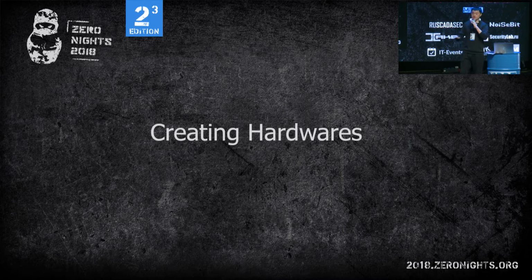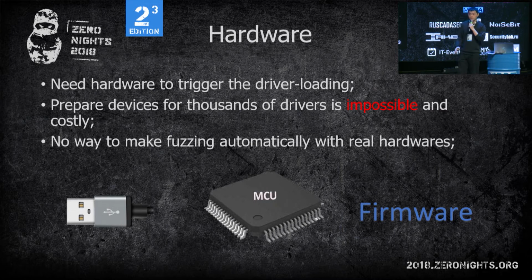After we got the target, we have to find a way to trigger the USB driver loading. In this process, the essential element is to create the hardware. If we recall, the USB device consists of 3 parts. The first part is a USB socket, obviously, and the second part is a microcontroller inside the device, along with its corresponding firmware.